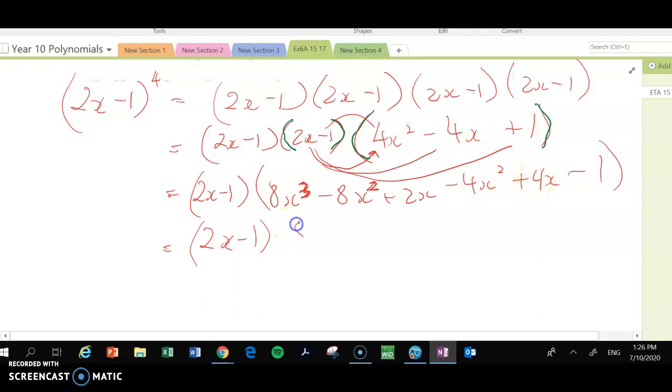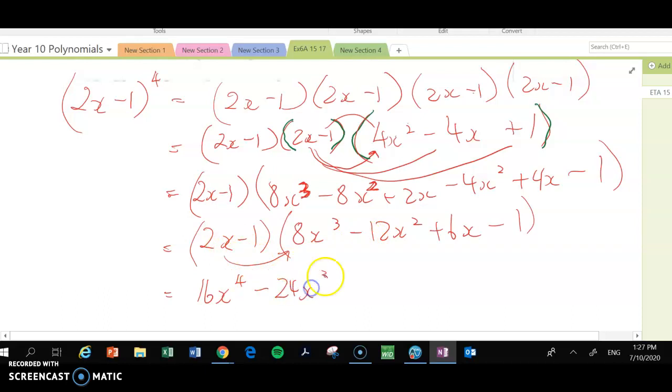Okay, so we have the 8x cubed. We multiply the three brackets now. The minus 8x squared minus 12x squared plus 6x minus 1. And finally, the last set of brackets. Okay, so we're going 2x times that, which is 16x to the power 4, times it by that, we get negative 24x to the power 3 plus 12x squared minus 2x.